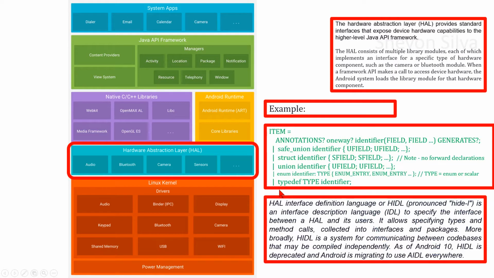As an example, we can see the HAL interface definition language here. The HAL interface definition language, or HIDL, pronounced HIDL, is an interface description language, IDL, to specify the interface between HAL and its users.